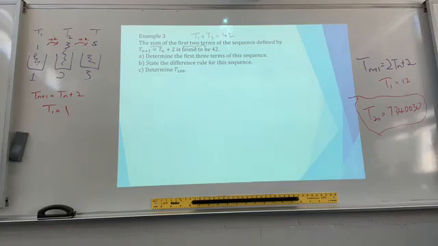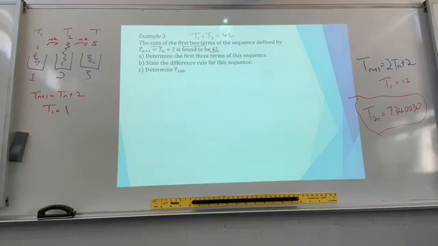Now, watch how I interpret the question. I highlight. In exams, it's really important for you to highlight the question so that you know how to answer the question. So from here, first two terms, the sum is 42.